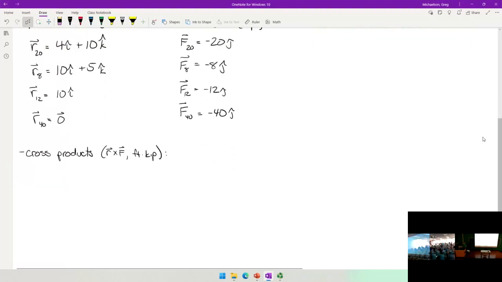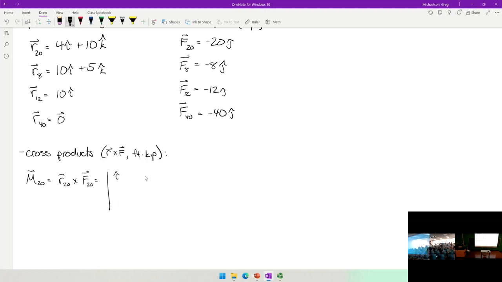Let's evaluate the first one out by hand. M20 is going to be R20 crossed with F20. So let's do this one by hand. I, J, K. The R is going to be 4, 0, 10. And then the F is going to be 0, minus 20, 0. Is that a fair statement?